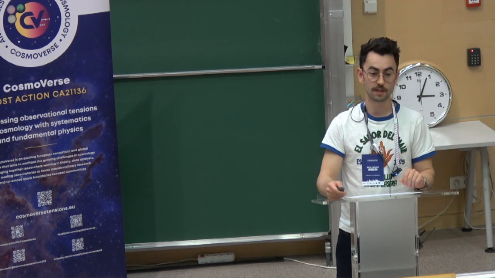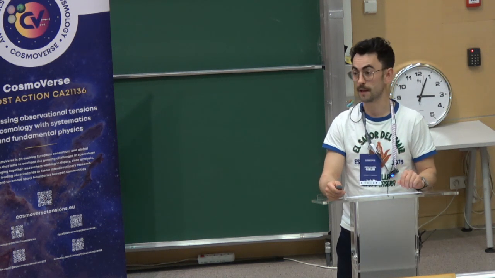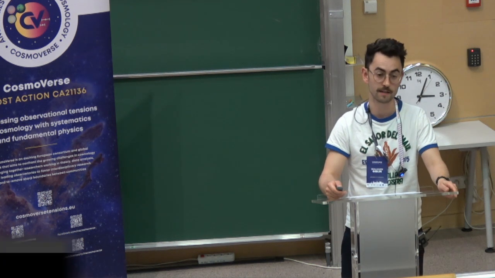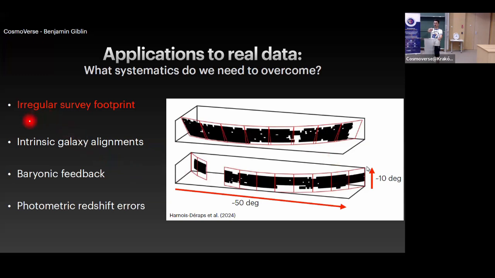What we want to now do is apply this to real data, and that means we have to worry about all these pesky systematics. One of the things is your irregular survey footprint. So this is what the survey footprint looks like for the Kilo-Degree Survey. And this irregular footprint basically impacts your reconstruction of your projected density maps.